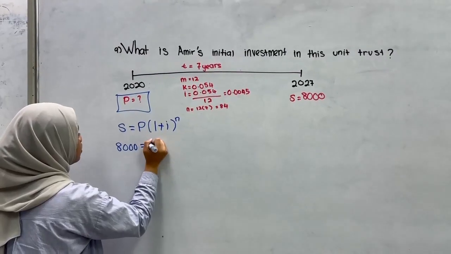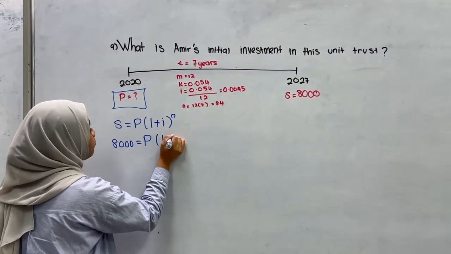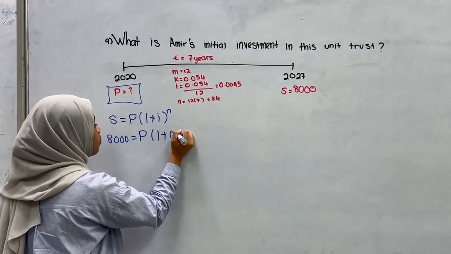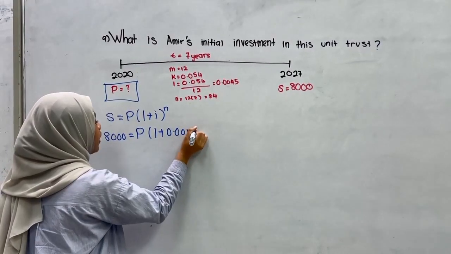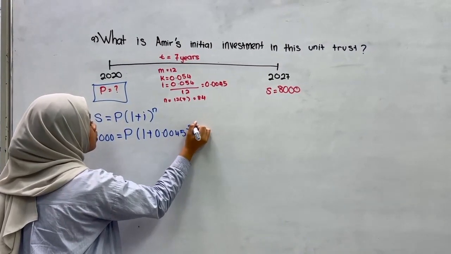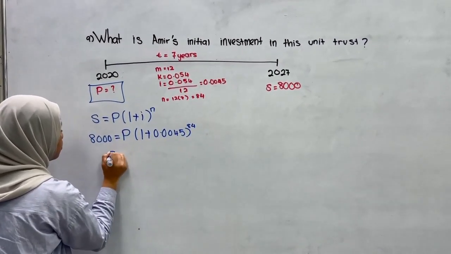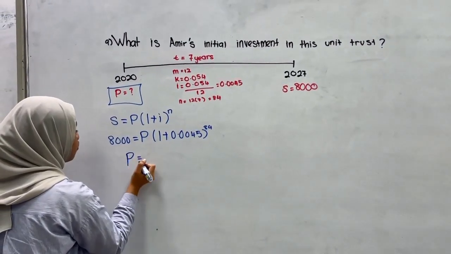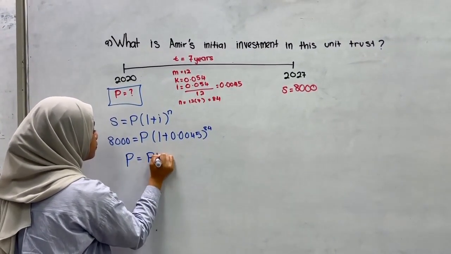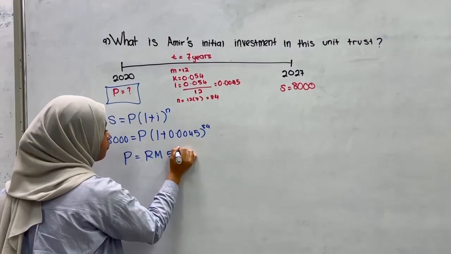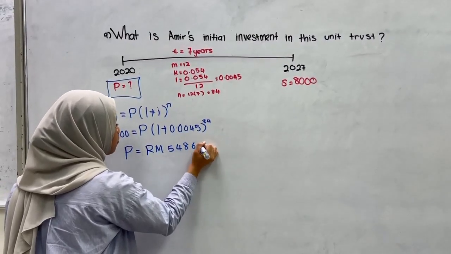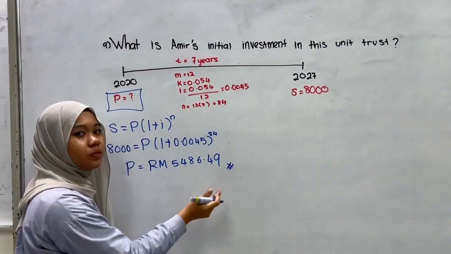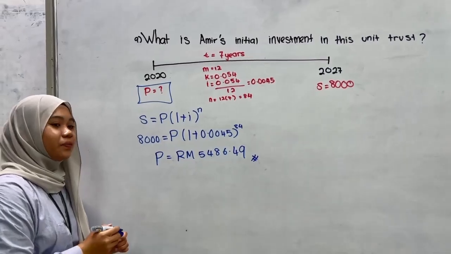So 8,000 equals P times (1 plus 0.0045)^54. So our value of P will be RM 5486.49. That will be your final answer.